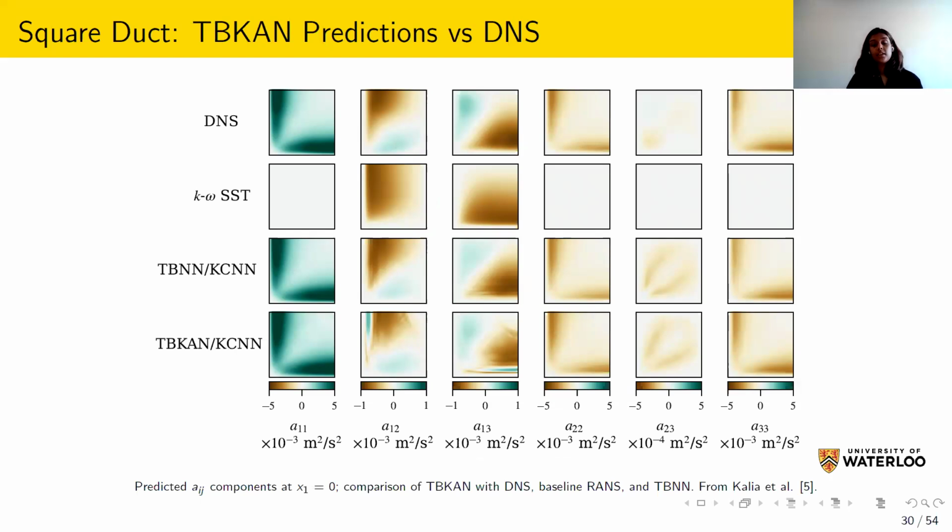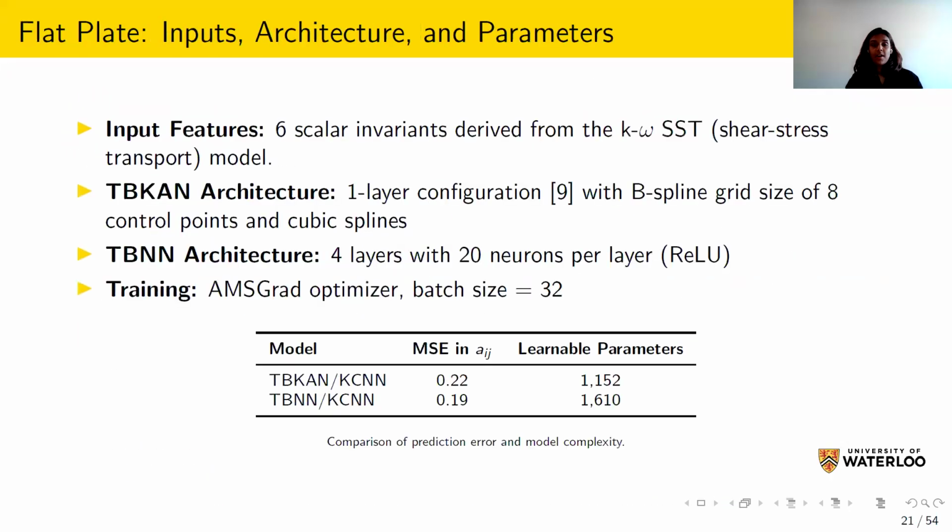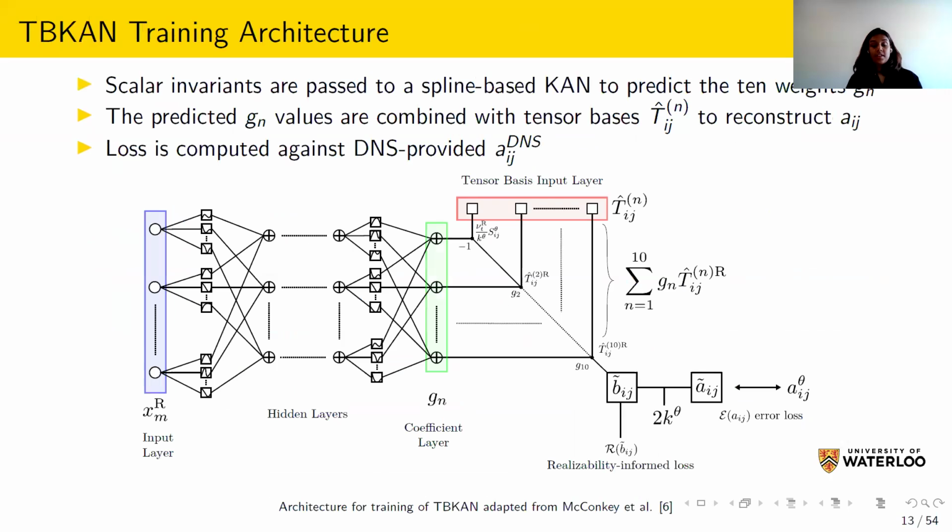AIJ is coming directly from the first architecture that I showed. The injection test is limited to the U profiles, U2 and U3. This AIJ term is compared to the DNS one.